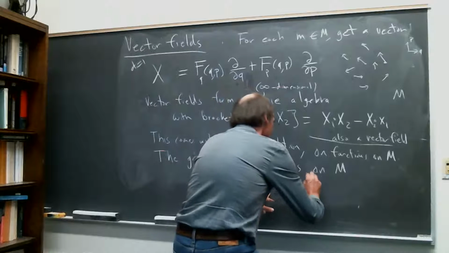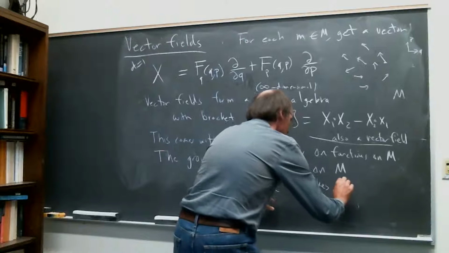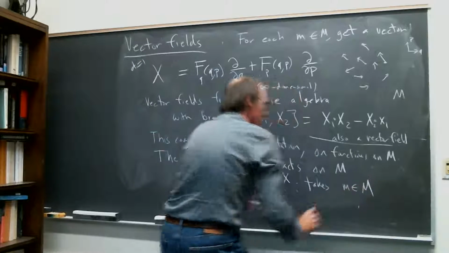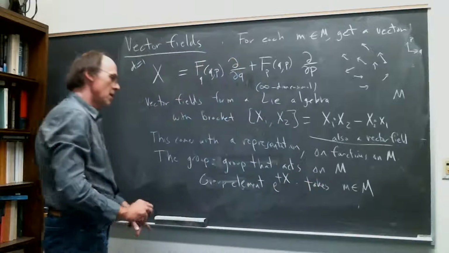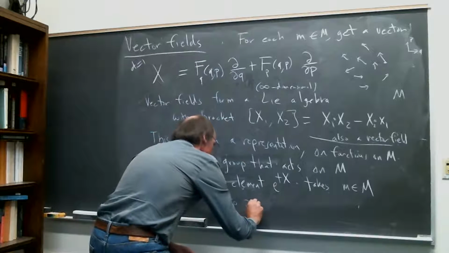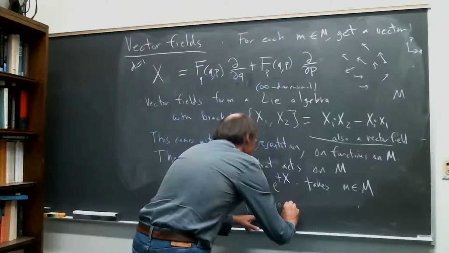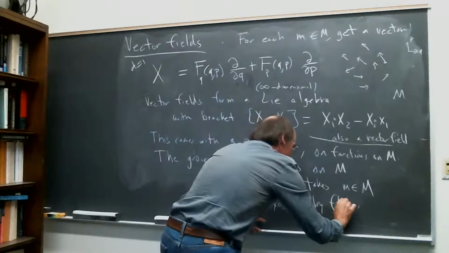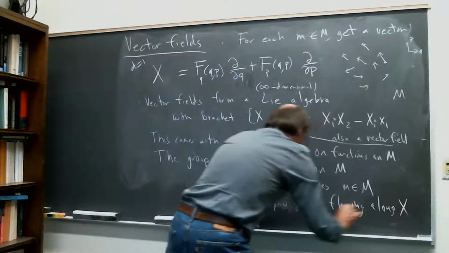It takes M to itself, and takes M by to the point you get by flowing along on X for time t.